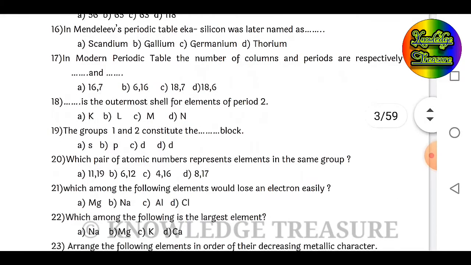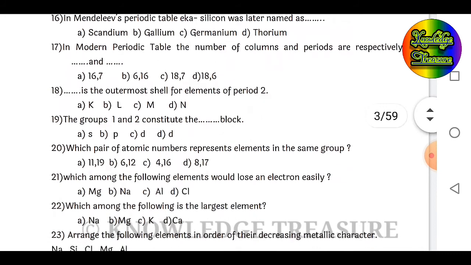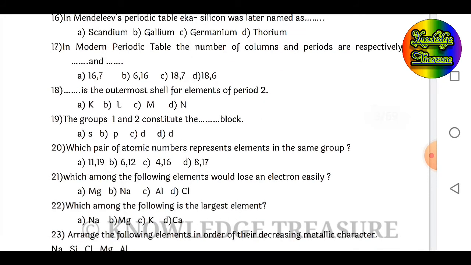17. In modern periodic table, the number of columns and periods are respectively dash and dash. A. 16:7, B. 6:7, C. 18:7, D. 18:6.